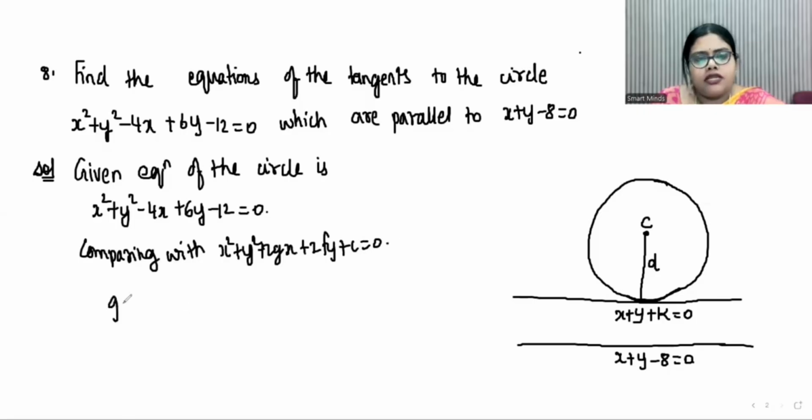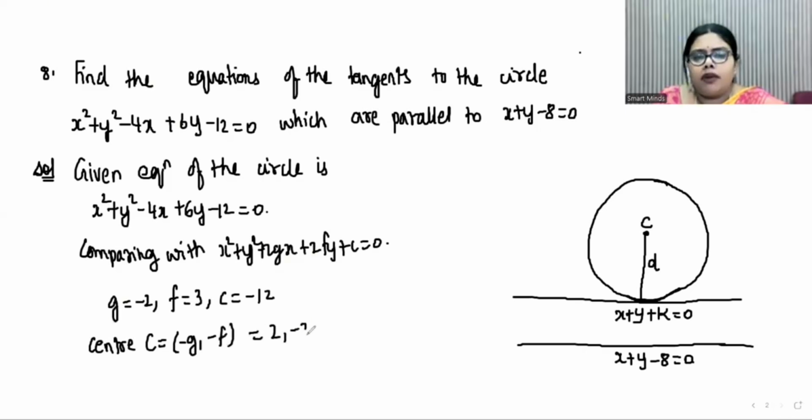So you get g is equal to minus 2, f is equal to 3, c is equal to minus 12. So center is always taken as minus g comma minus f. That is 2 comma minus 3. So you got the center. Center is 2 comma minus 3.